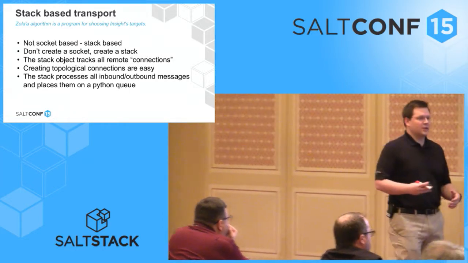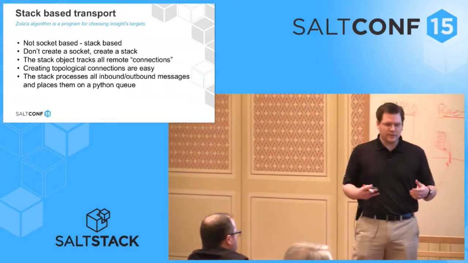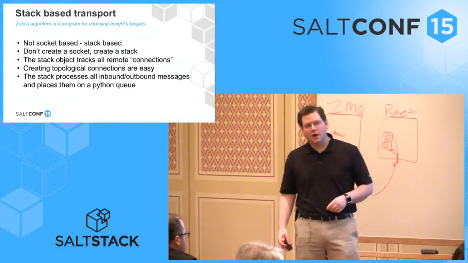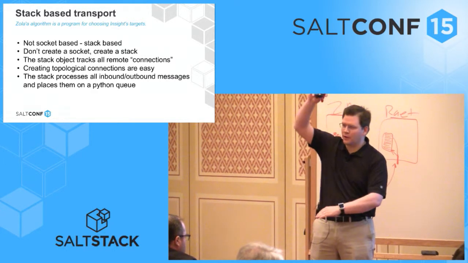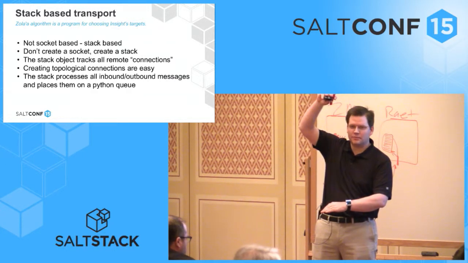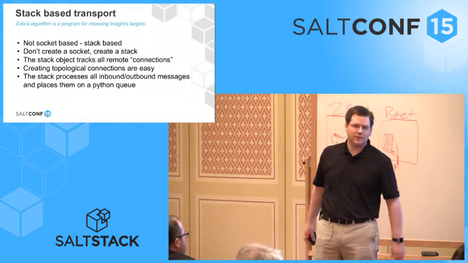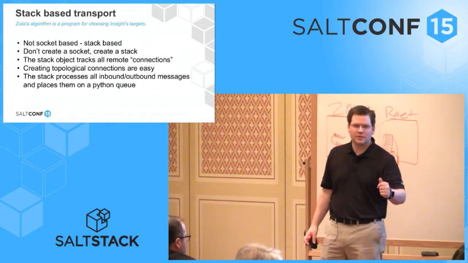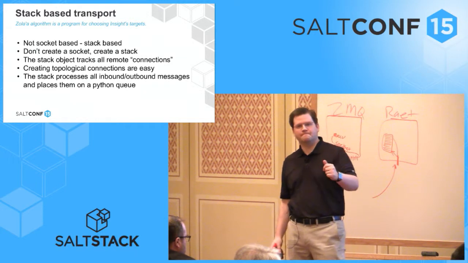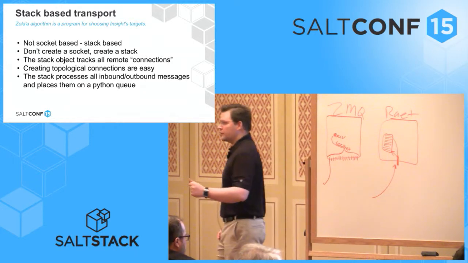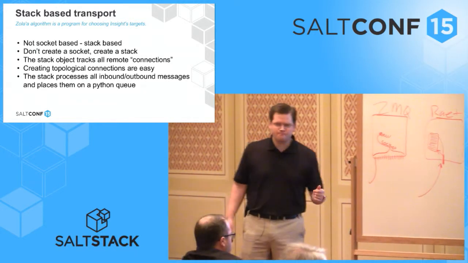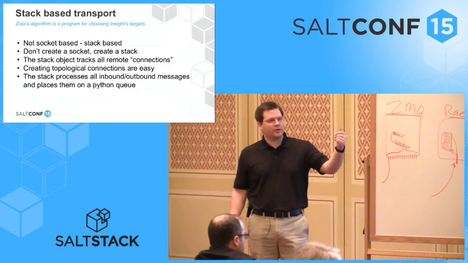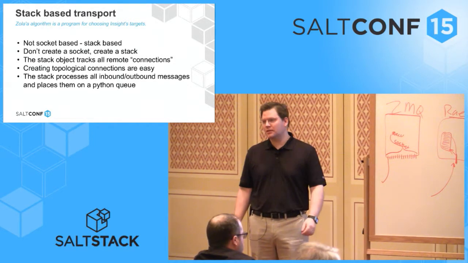So instead of using somebody else's implementation of a pub sub, all you've got to do is fill a stack with all the messages to all the people you want to send them to and tell RAET to flush the stack. And that's a pub sub. All you've got to do for a request reply is make sure that routing information gets sent back and forth relative to the message.